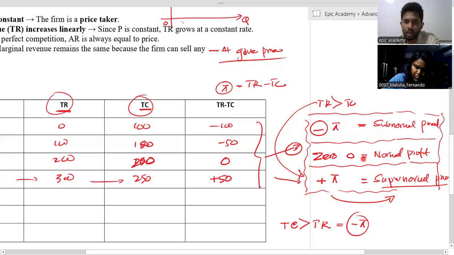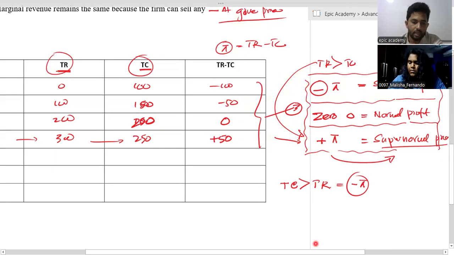If the profit is 0, it is normal profit. If the profit is a minus value, that is subnormal profit. So those are the 3 main categories which we can identify as the profit gained by organizations or firms during the short run or long run.